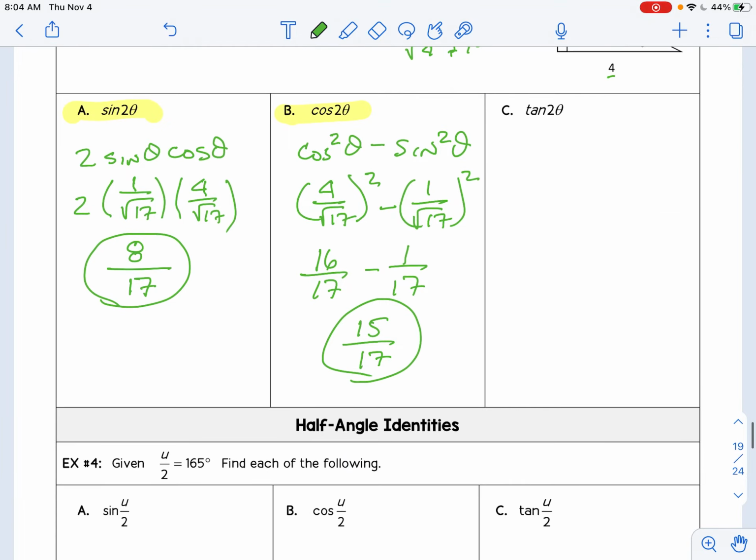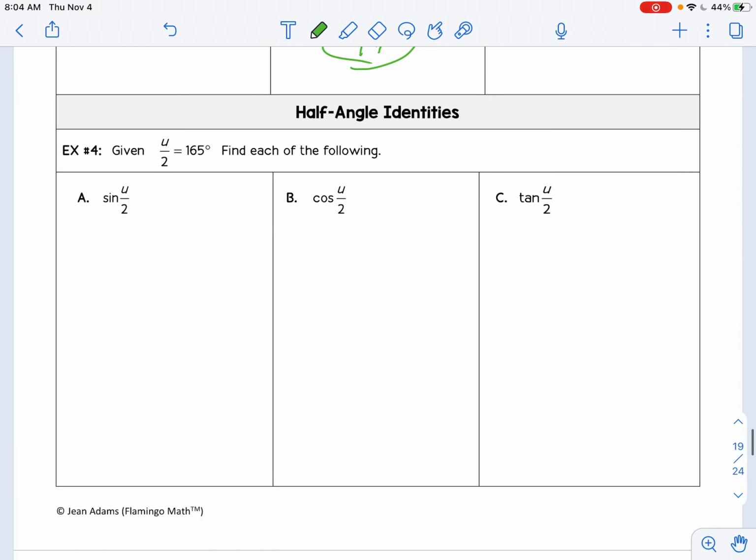All right, let's look at half angles then. Given that u over 2 equals 165, which means, by the way, if I multiply both sides by 2, this 2 will cancel. It tells me that u is equal to 330, because I'll need that too.